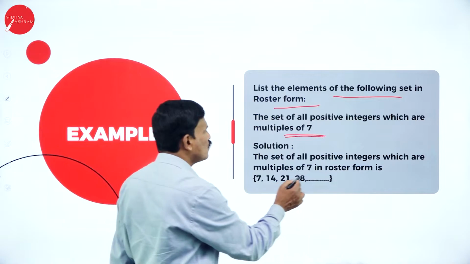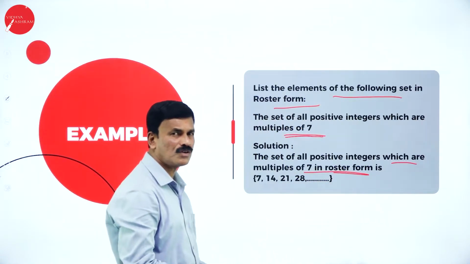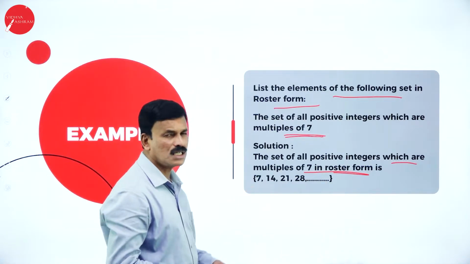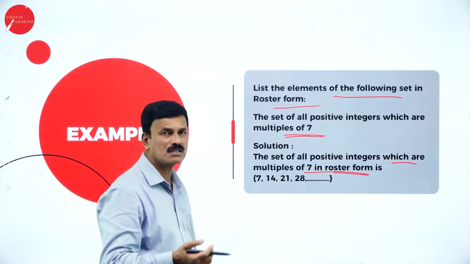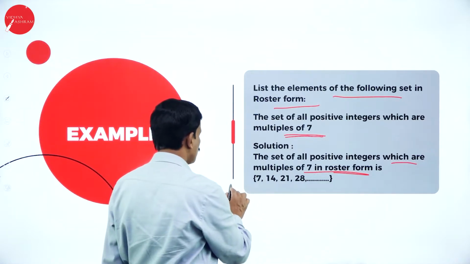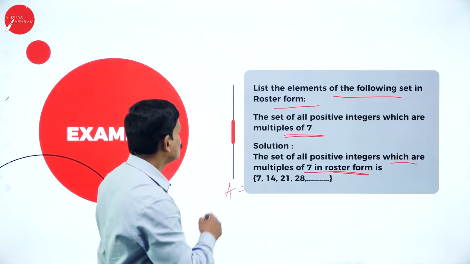So, the set of all positive integers which are multiples of 7, in roster form, is denoted as, say, set A = {7, 14, 21, 28, ...}. This is an example of listing the elements of the set according to the given condition.